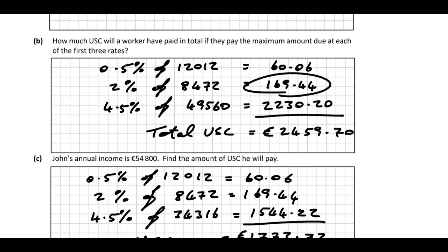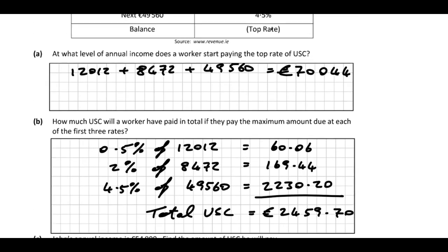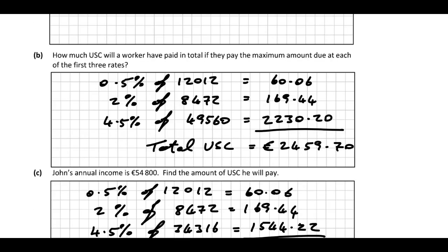You're going to pay 169.44 euros there. You're going to pay 2,230.20 euros at the top of these three, the 4.5% rate here. So this is the maximum amount of USC that you're going to pay if you don't reach the top rate.